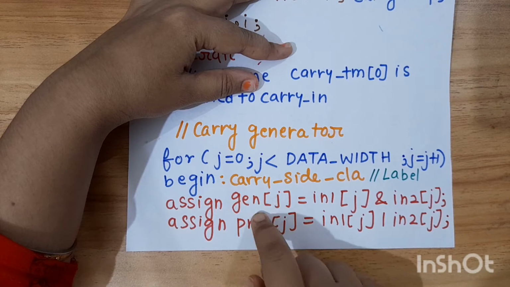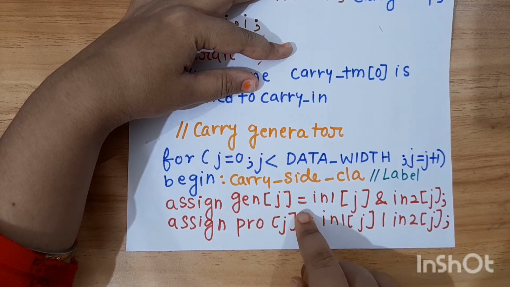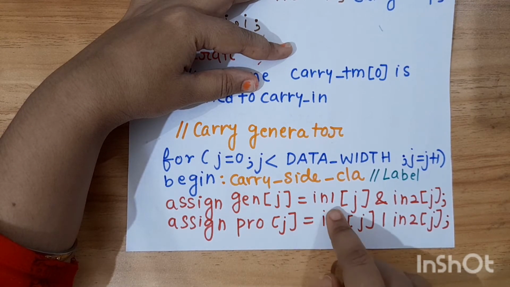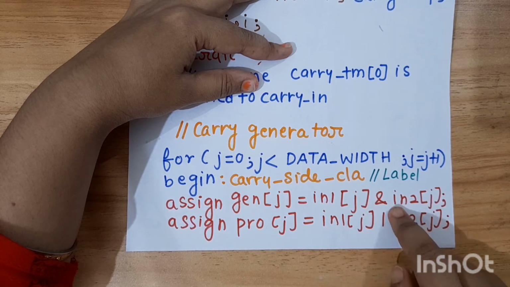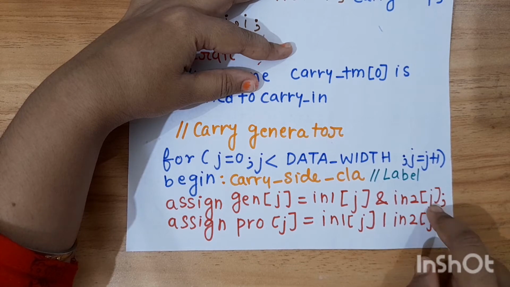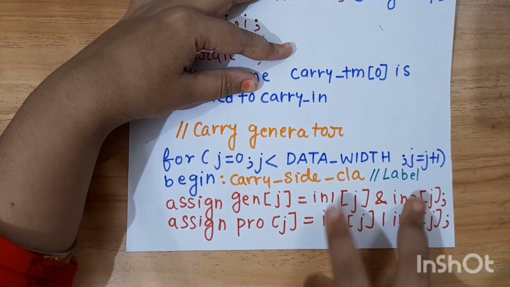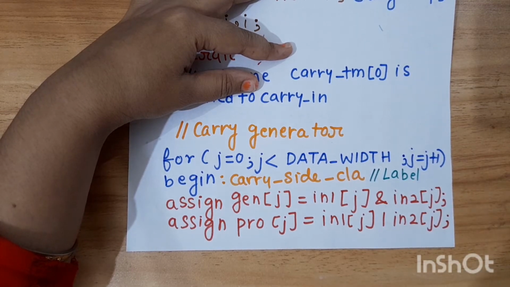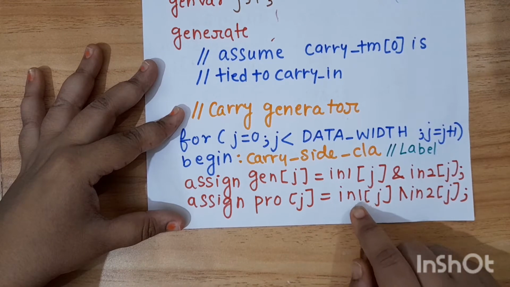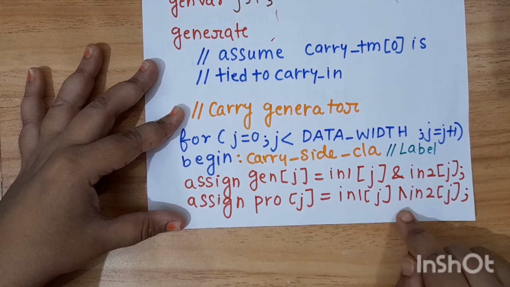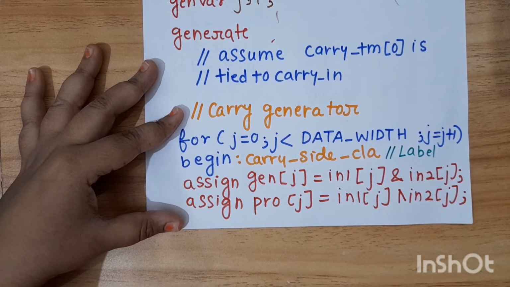Assign gen[j] is equal to in1[j] and in2[j], so it is the AND of the jth bits of in1 and in2. Continuous assignment pro[j] is equal to in1[j] exclusive or in2[j]. Here is the exclusive or operator.